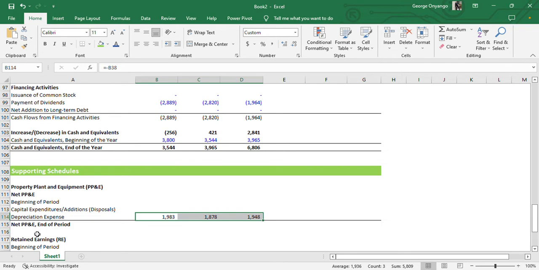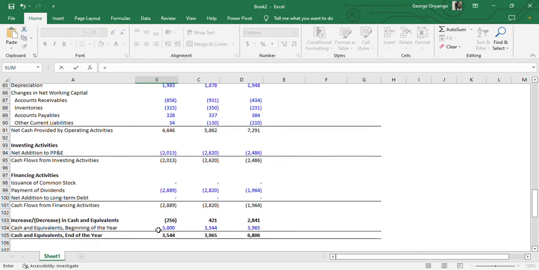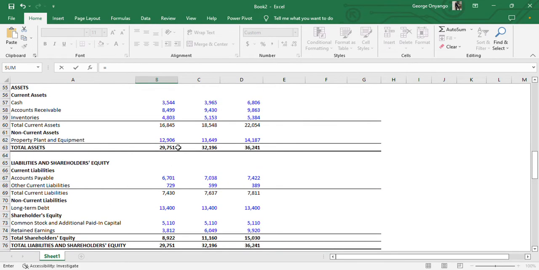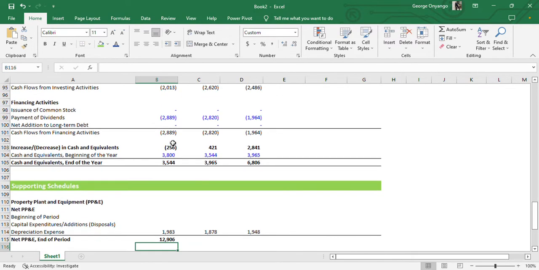The capital expenditure, first of all, what we're going to do, we have the net at the end of the period? Yes, we do. The net at the end of the period, we get that from the balance sheet, which is this one here. You feel that, right?